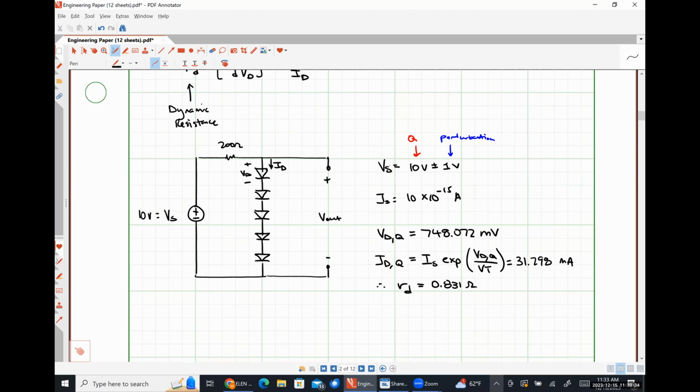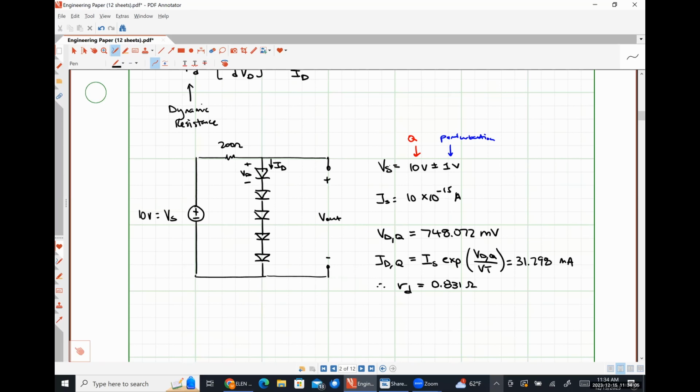All right, so in a small signal circuit, we are going to turn off any large signal voltages and currents because we're only trying to find the influence of the perturbation. So I'm going to turn off this 10-volt voltage source, short circuit it, and in its stead, I'm going to place a 1-volt source that is the perturbation.